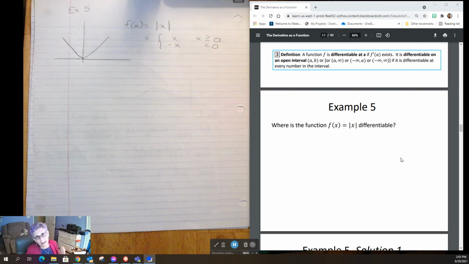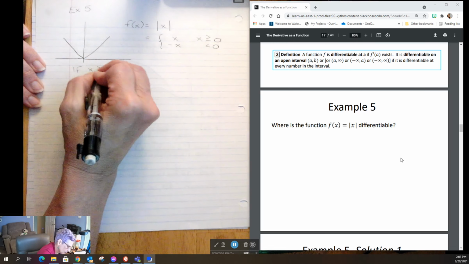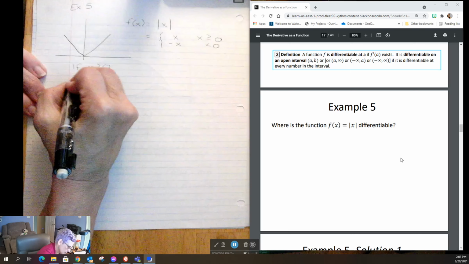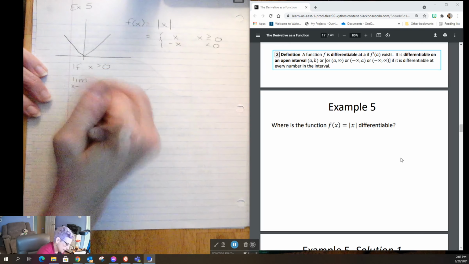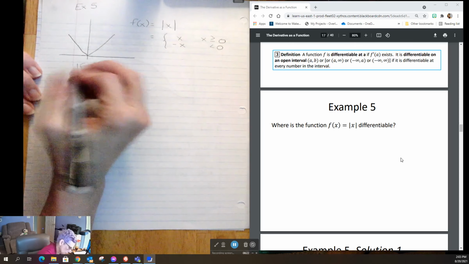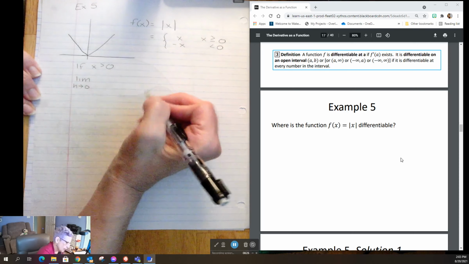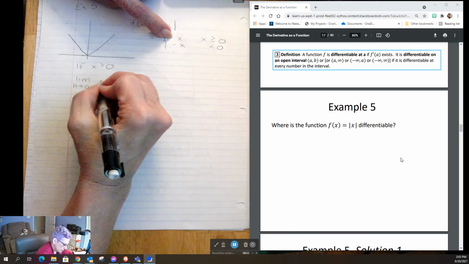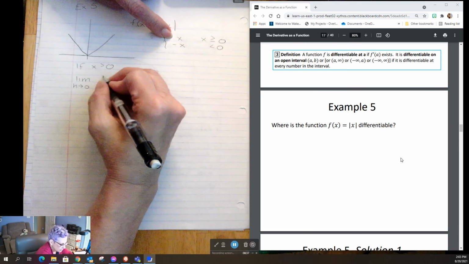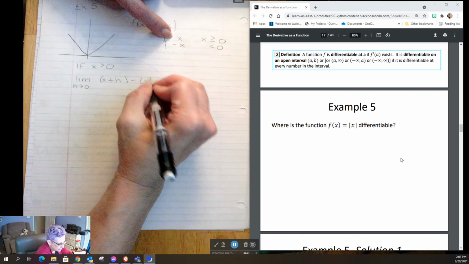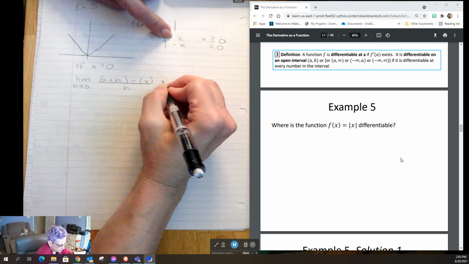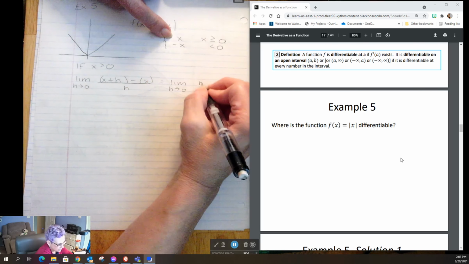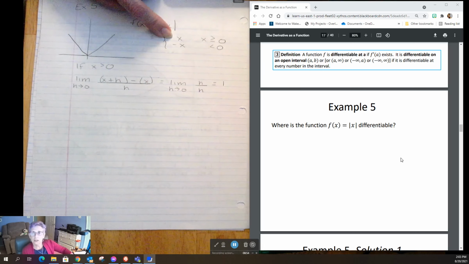So if we're looking at any value greater than 0 and we wanted to calculate the derivative, then it would just be the limit as h approaches 0 of f of x plus h, which would just be this piece of the function, so x plus h, minus f of x, divided by h. x minus x goes away. h over h is just 1.